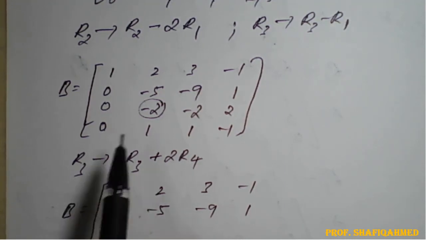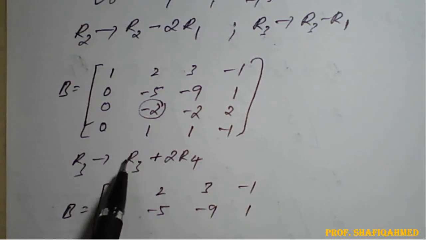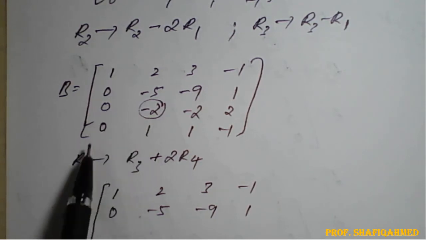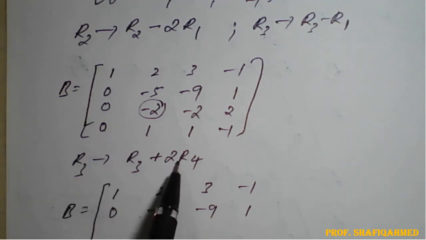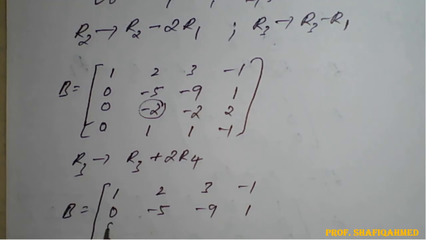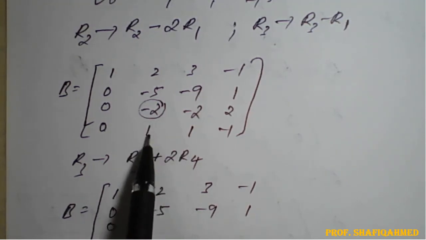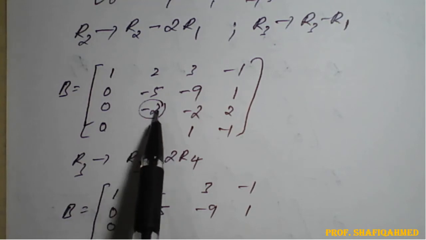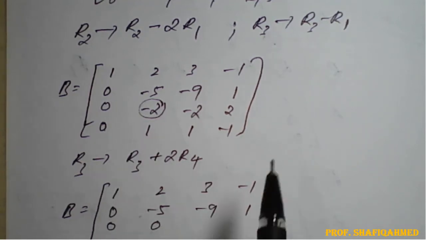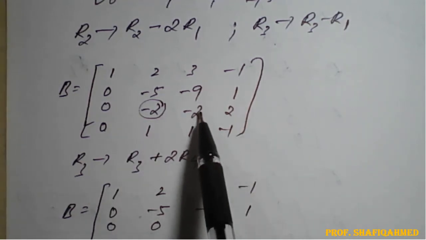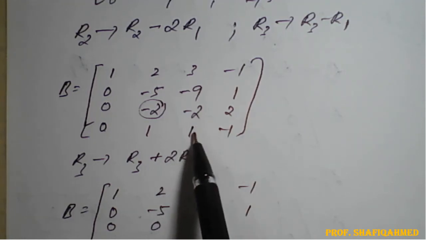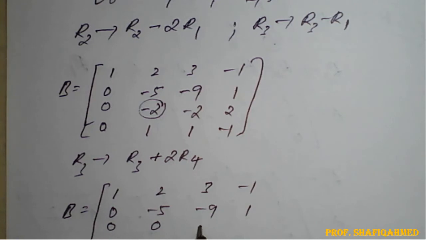So what is R3? On R3, R3 is 0 plus 0 into this, so it will become 0 only. Then minus 2 plus 2 times R4, so minus 2 plus 2 will become 0. Then minus 2 plus 2 times, it will become again 0.